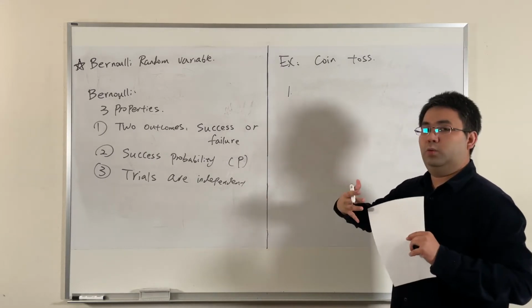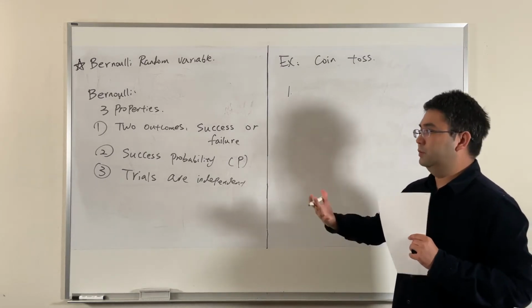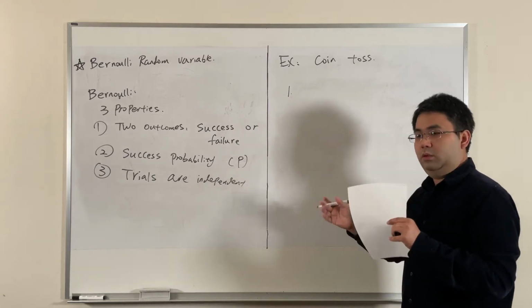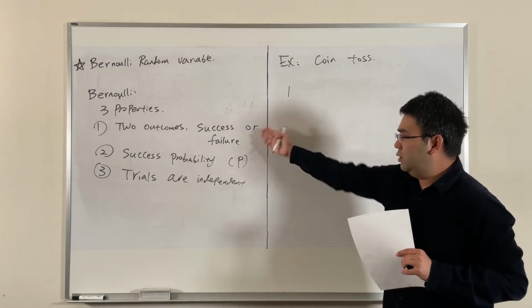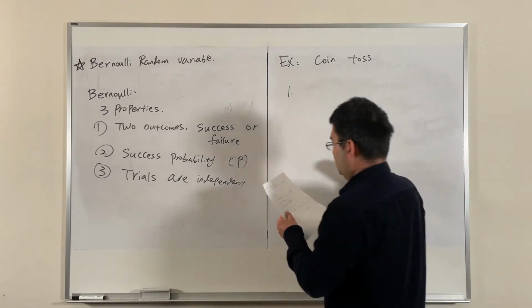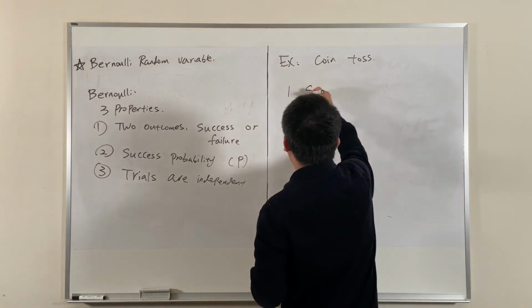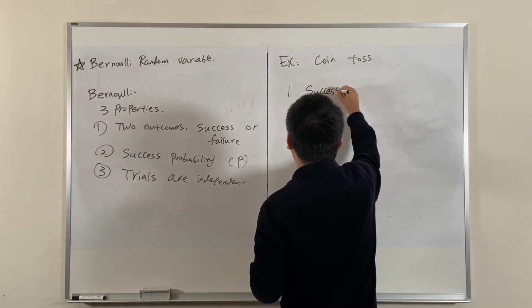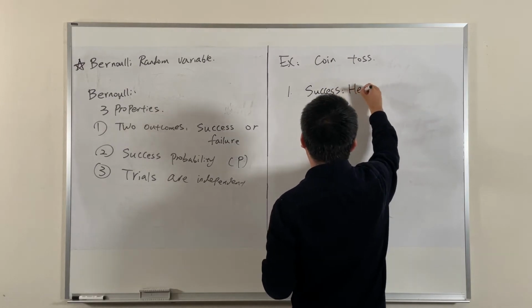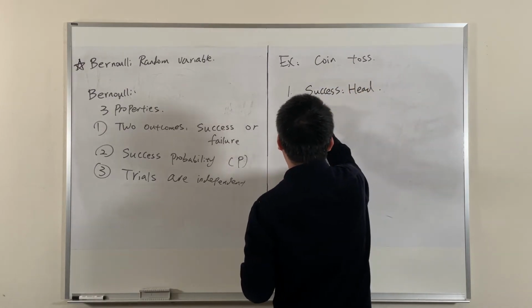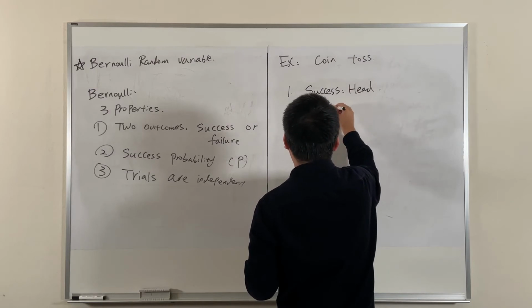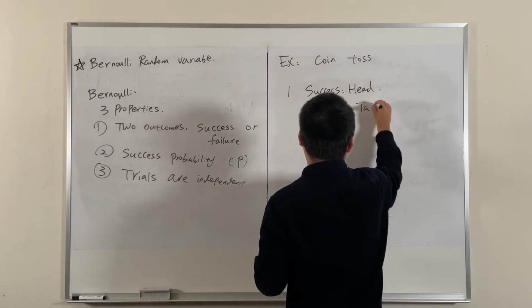So we have two possible outcomes, head or tail, or in the words here, success or failure.